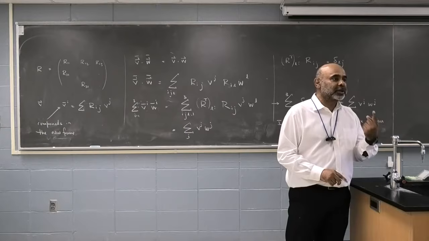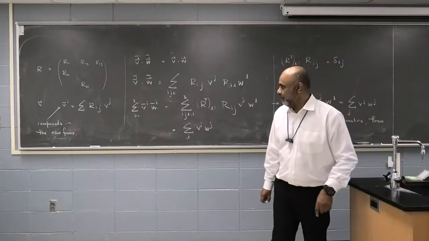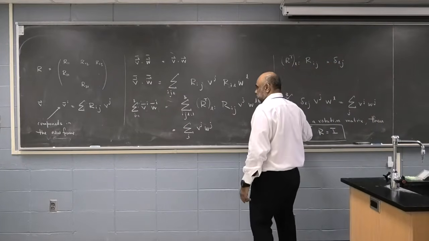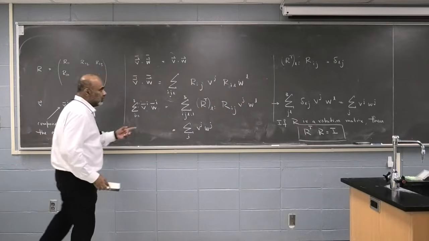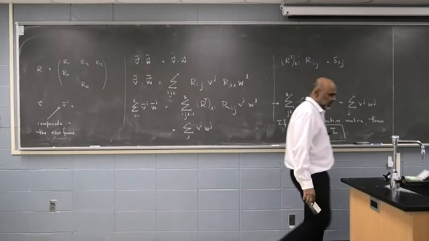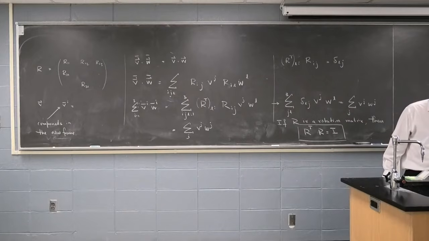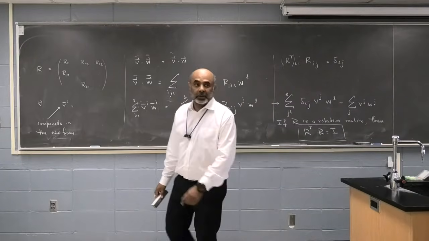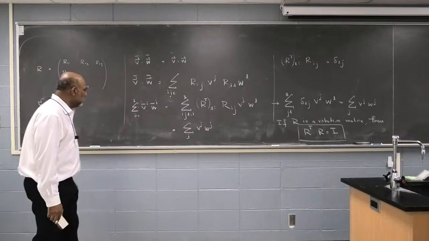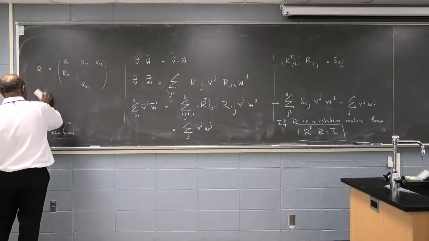What's the only check that is remaining? By the way, in your notes, I've stated this as a theorem, and I call it theorem 2.2. What's the only condition remaining?